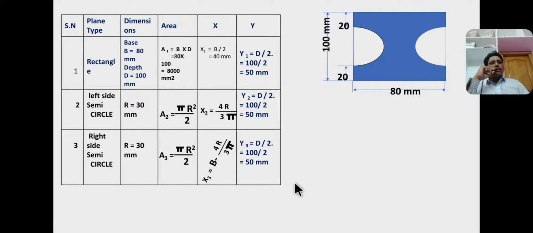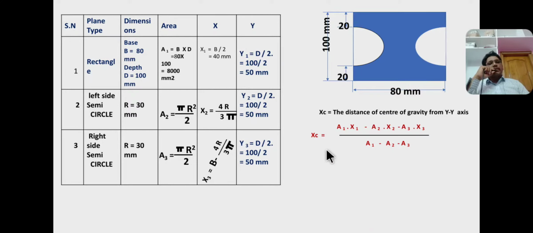From the general expression, x is the distance of the centroid or center of gravity from the y-axis. So x equal to a1 x1 minus a2 x2 minus a3 x3 by a1 minus a2 minus a3. Here the area of the rectangle a1 is a solid section, and the left side semicircle and right side semicircle are both hollow sections.